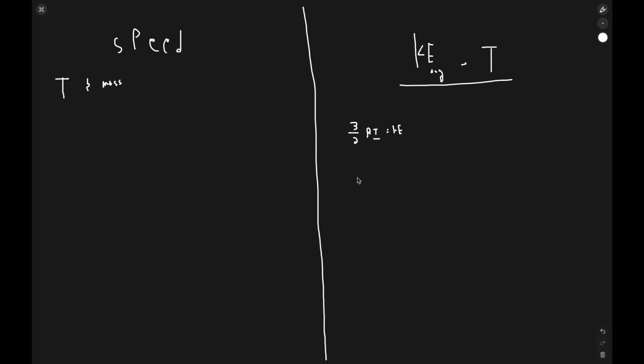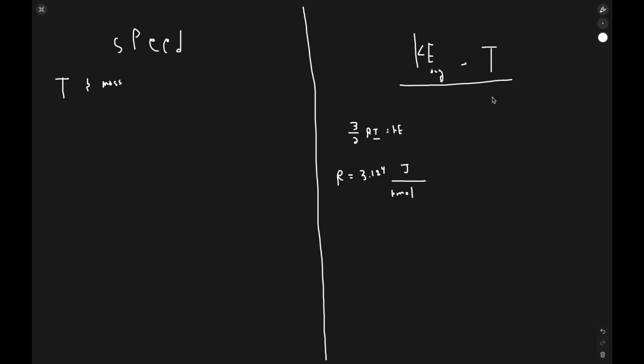Now, gotta be careful here because R is not 0.0821. R, in this case, you have to use 8.314, and the units for that are joules per Kelvin mole. So that's kinetic energy.